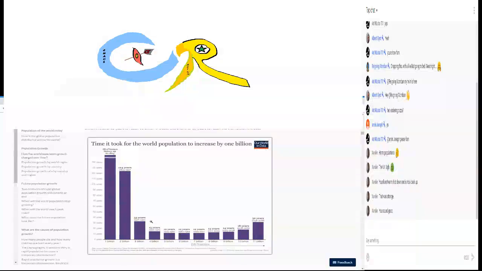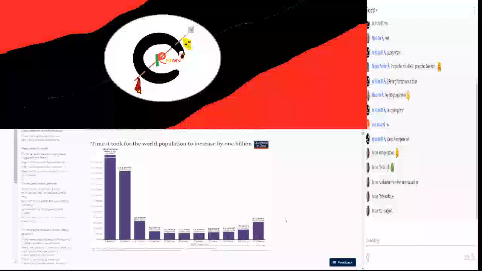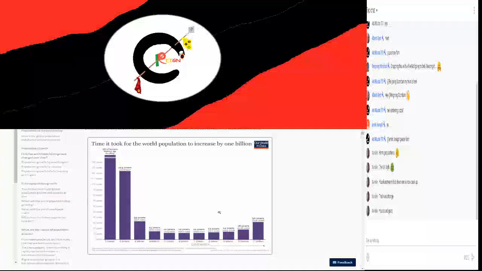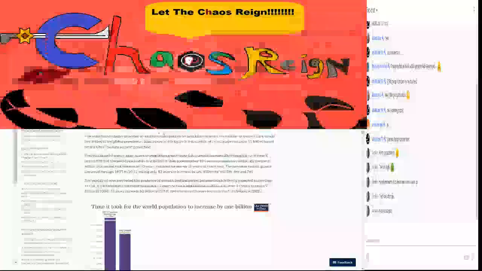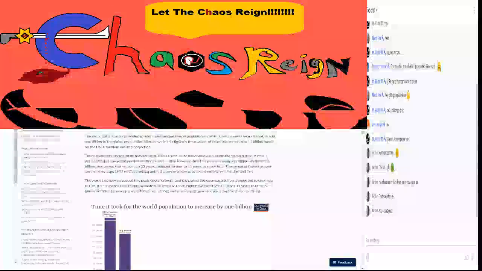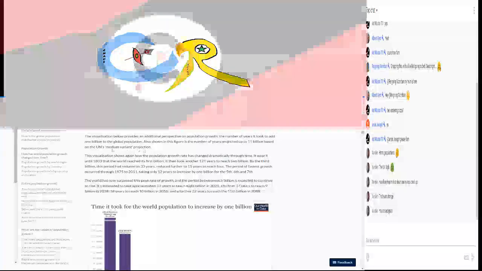And it shows here another statistic: how long it took to grow by each billion. The visualization below provides additional perspective on population growth and the number of years it took to add 1 billion to the global population. Also shown in this figure is the number of years projected up to 11 billion based on the UN medium variation projection.